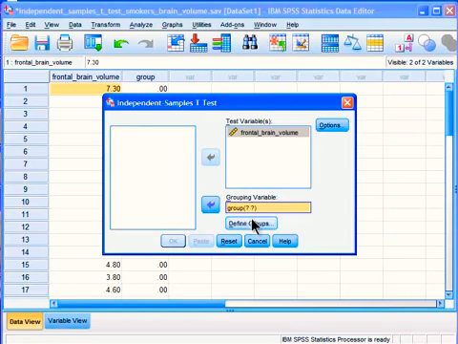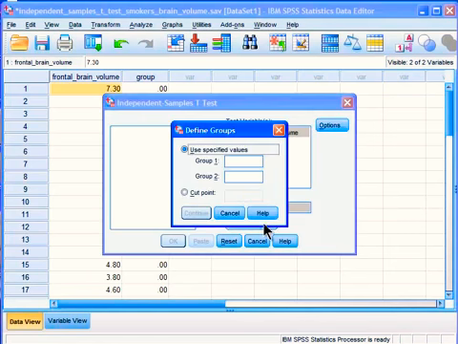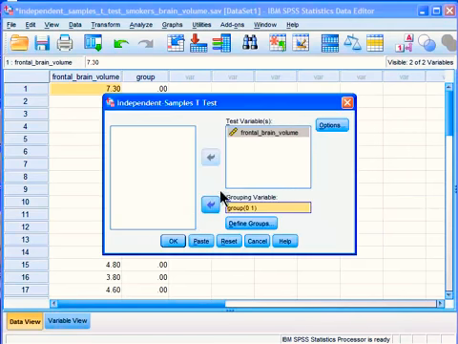Then SPSS is going to ask you to define the groups, which is simple enough. Click on Define Groups, and then enter 0 for group 1 and 1 for group 2. So we've got our non-smokers and our smokers. Click Continue.